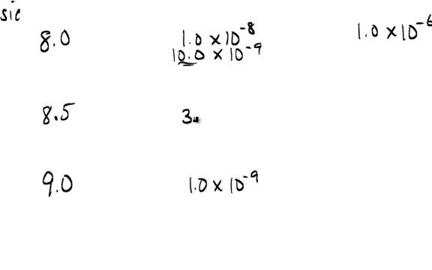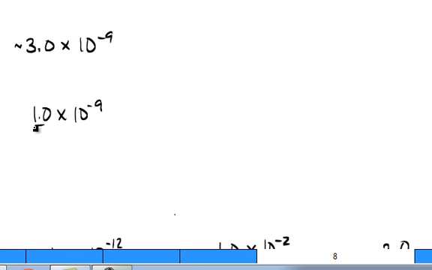It's about 3 times 10 to the minus 9 molar. So when you go from a higher pH value to halfway between the next lowest pH value, the number in front of the exponential term goes just from 1 to 3. It doesn't go from 1 to 5, it just goes up from 1 to 3.